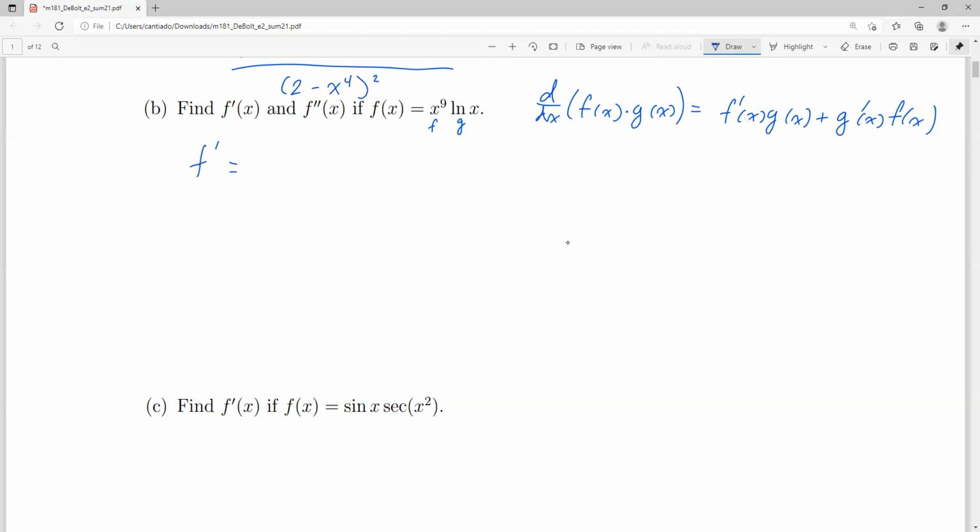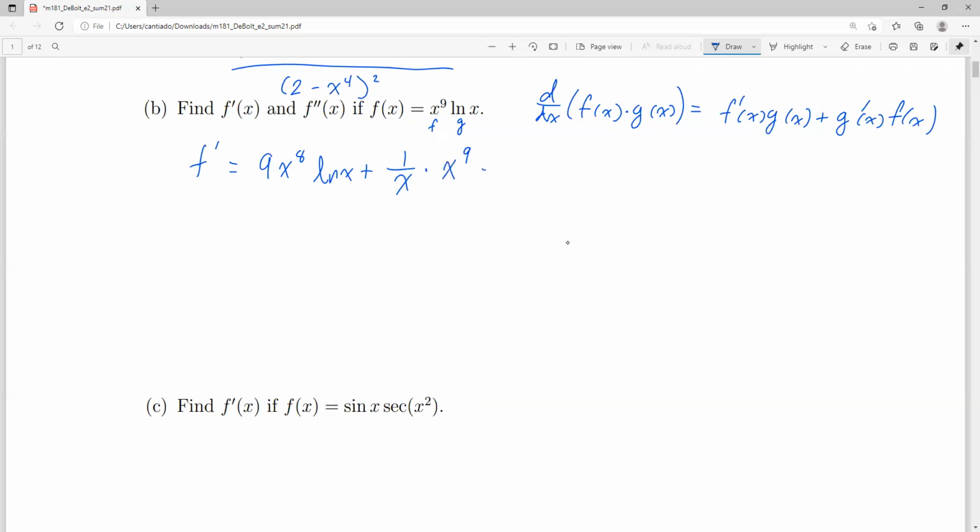So derivative of the first, derivative of x to the 9th, bring down the power, decrease the power by 1, that's 9x to the 8th, times g, which is ln of x, plus the derivative of the second, so derivative of ln of x is 1 over x, times the first function, so that's x to the 9th.